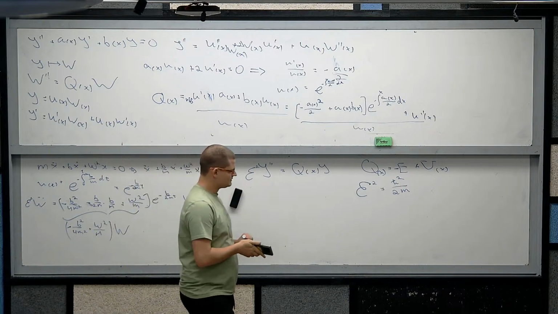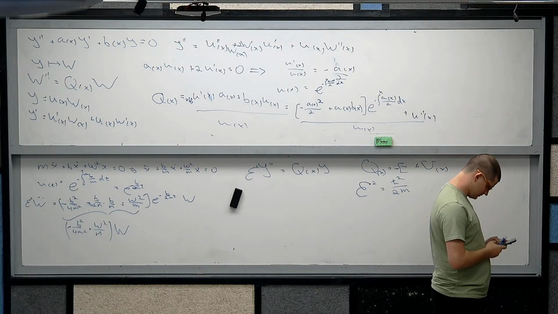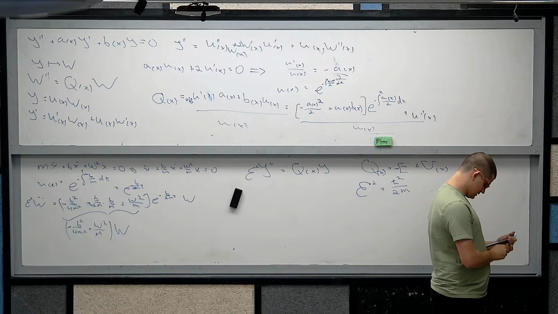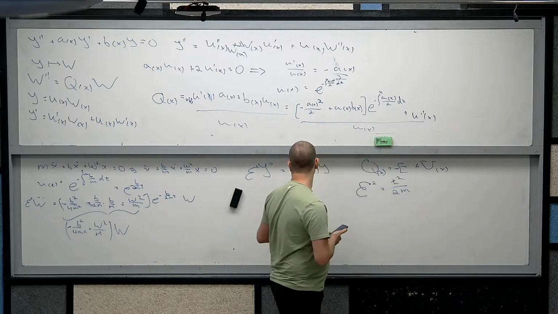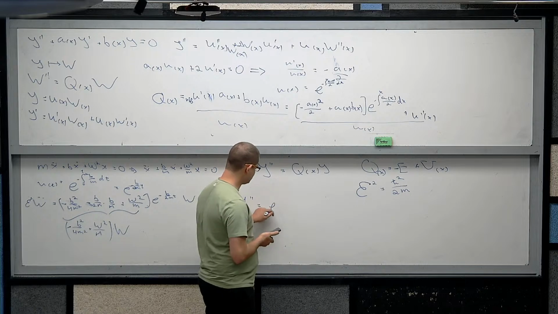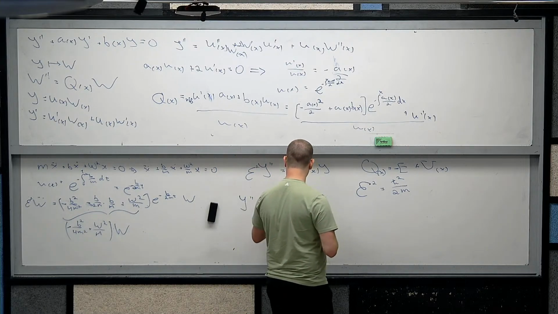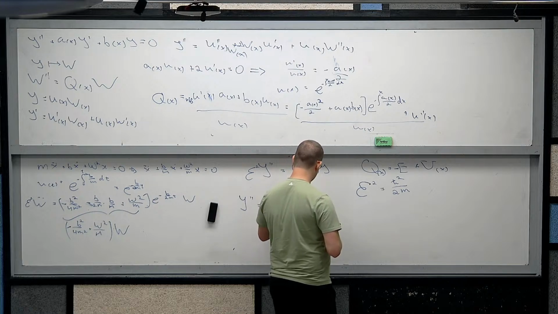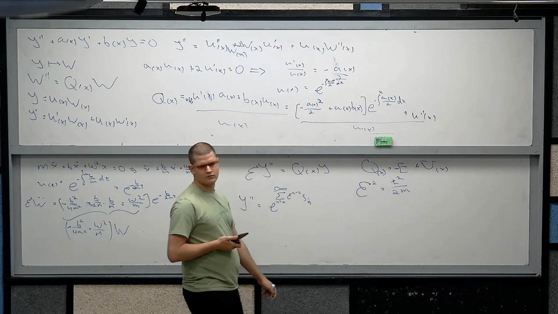And let's see. So what we usually do in order to solve that equation is assume y prime is in the form of epsilon to the n minus 1, from n equal to 0 to infinity, right?